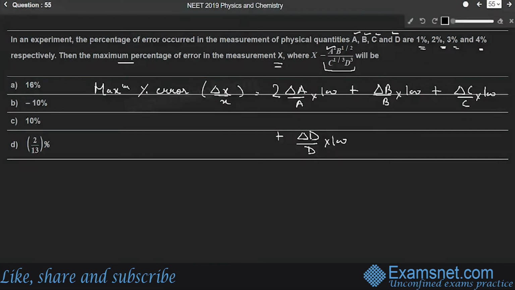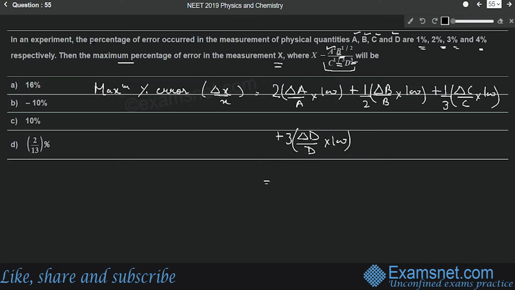Similarly, we have B to the power half, that means it will be half into the percentage error of B. For C we have 1 by 3, that means it will be 1 by 3 times the percentage error of C, and for D we have cube, that means 3 times the percentage error of D.